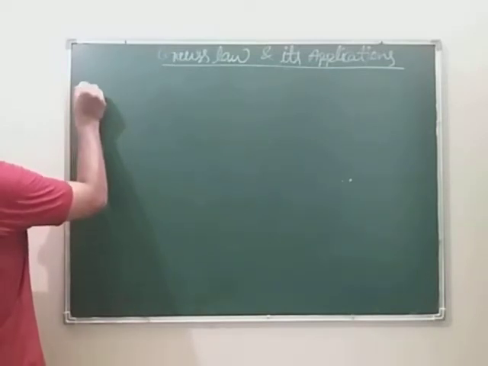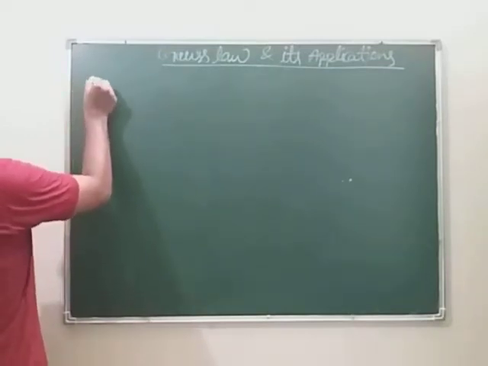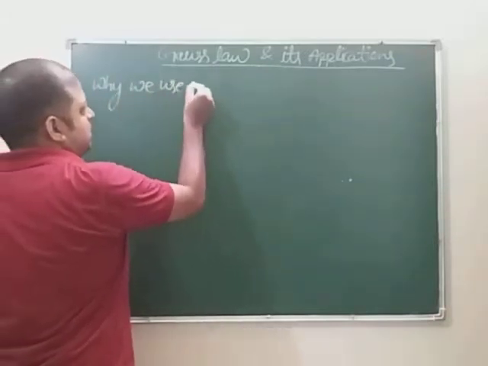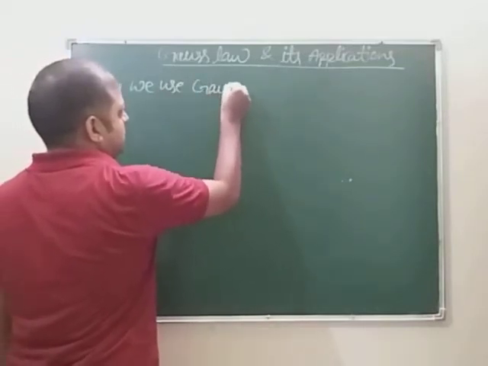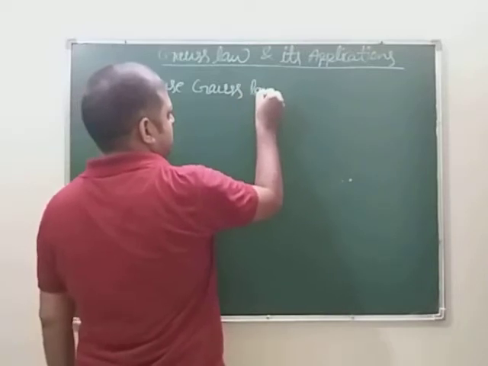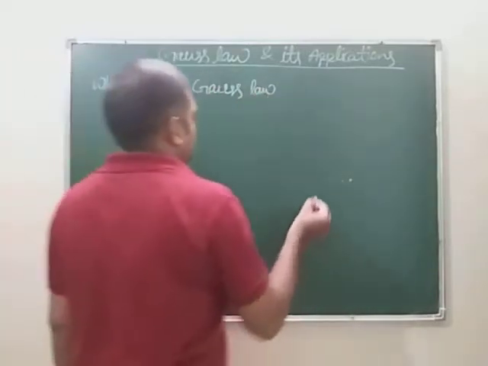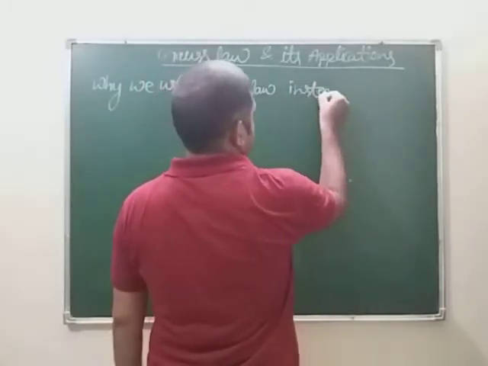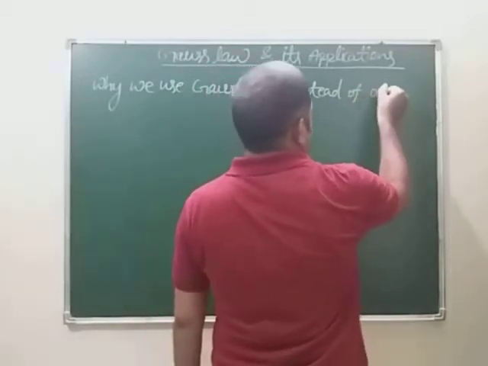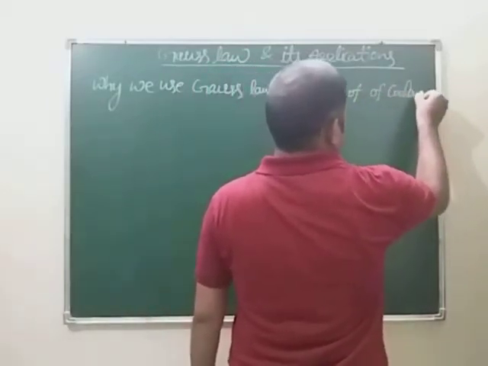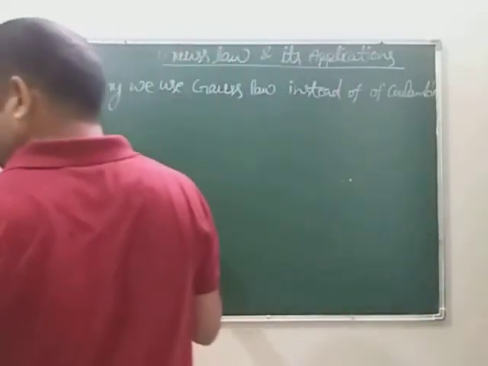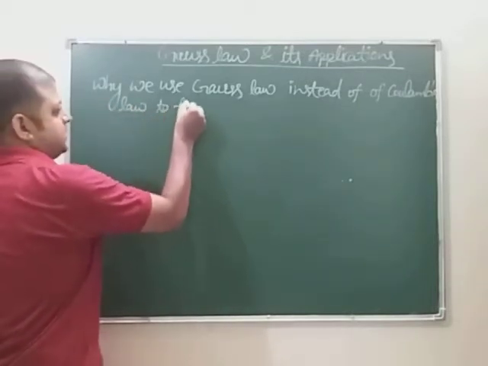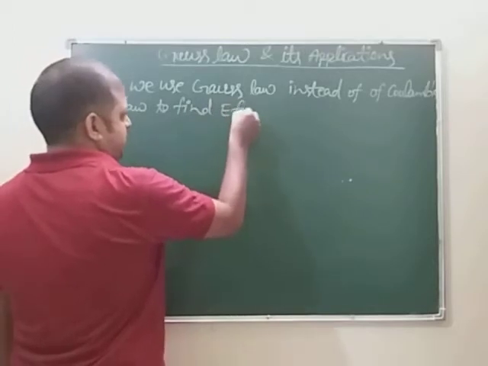The first one is: why we use Gauss law instead of Coulomb's law to find electric field.